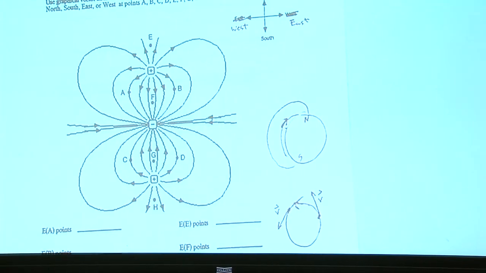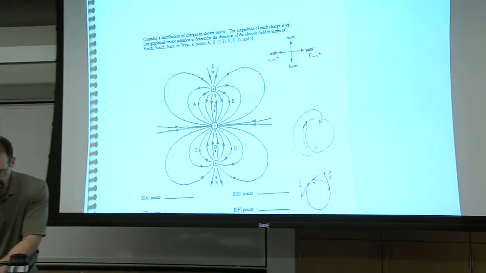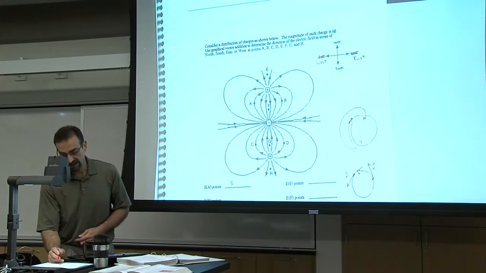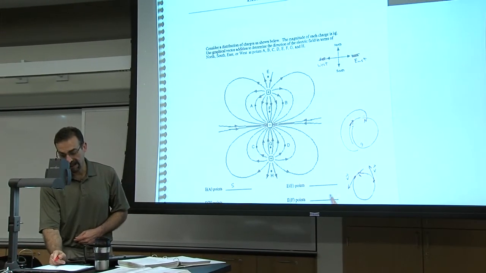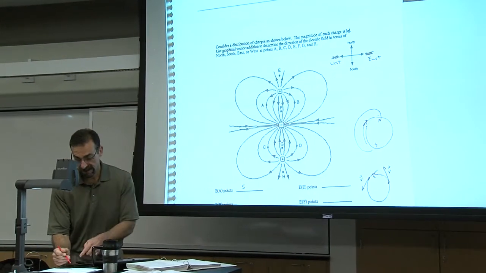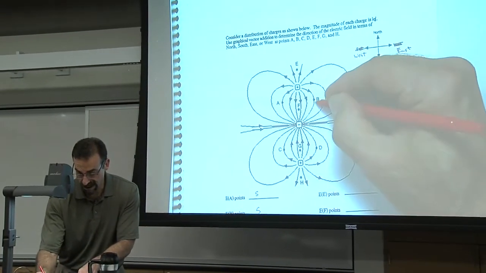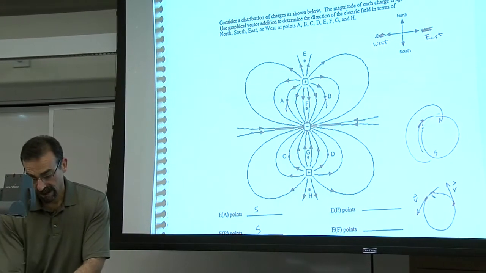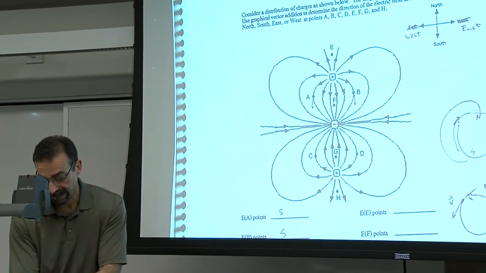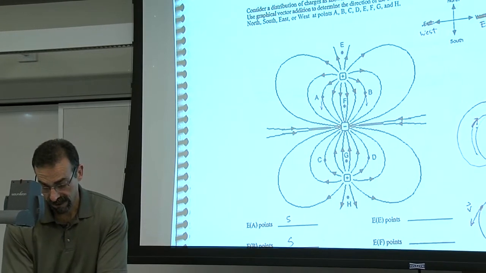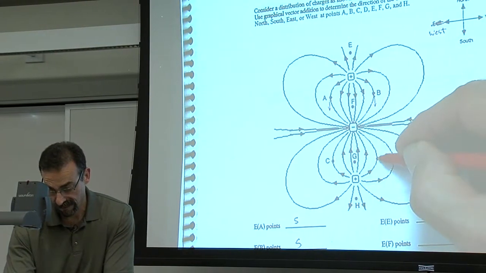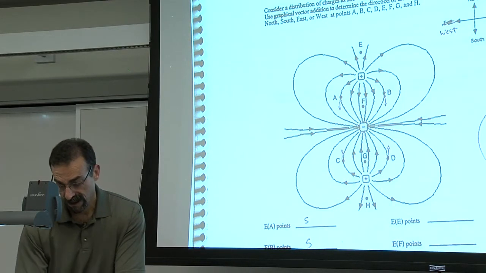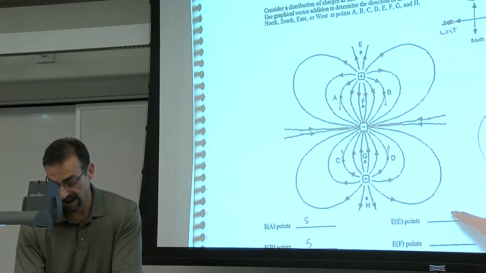All right, so at A, what direction? South. We good with that? At B, south, it points tangent. Where are we? C. D, north, tangent to those lines. E, where's E? Oh, E is up here.